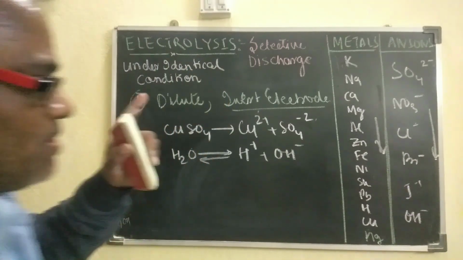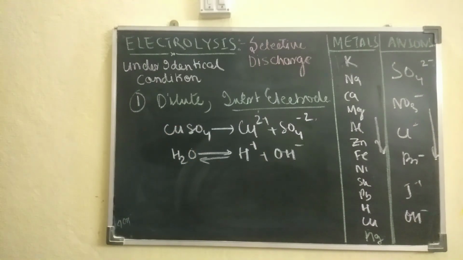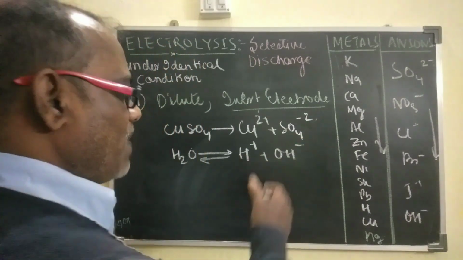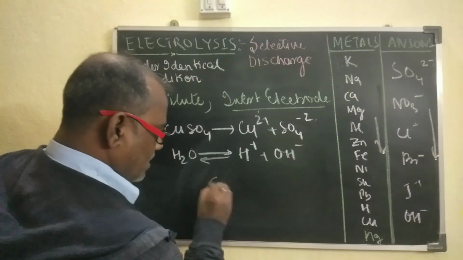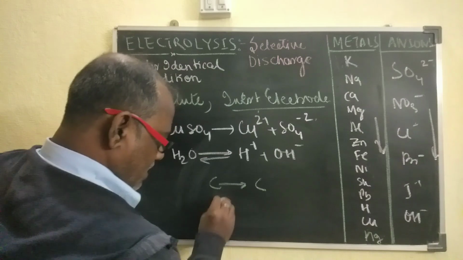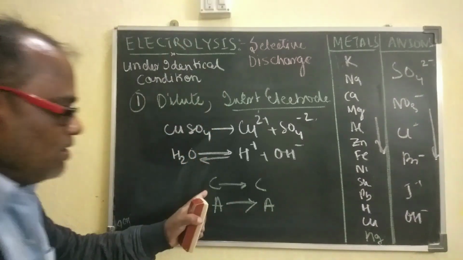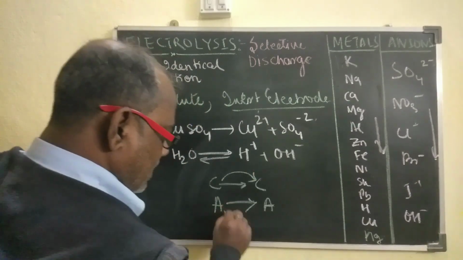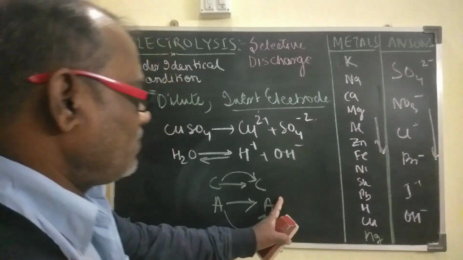Now the very first thing in this condition is to understand at which electrode they will migrate. My dear students, remember C to C, A to A. C to C means cations to cathode, anions to anode.